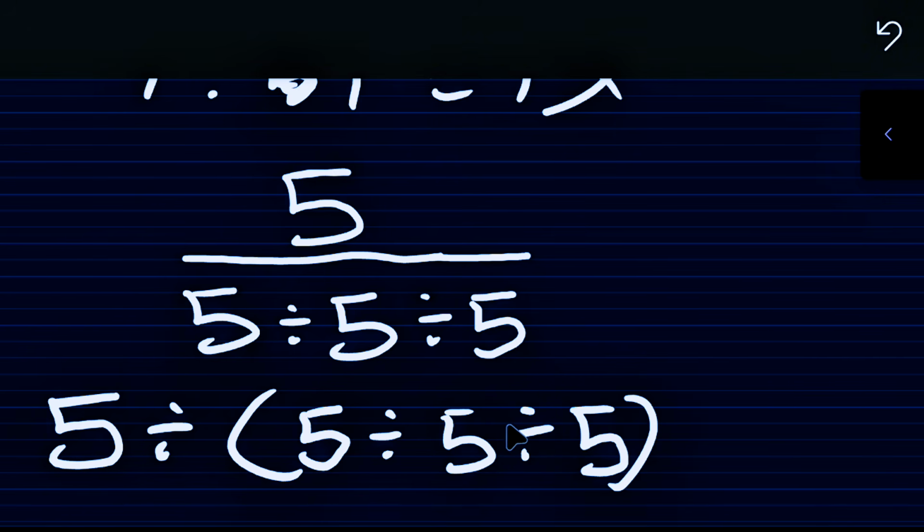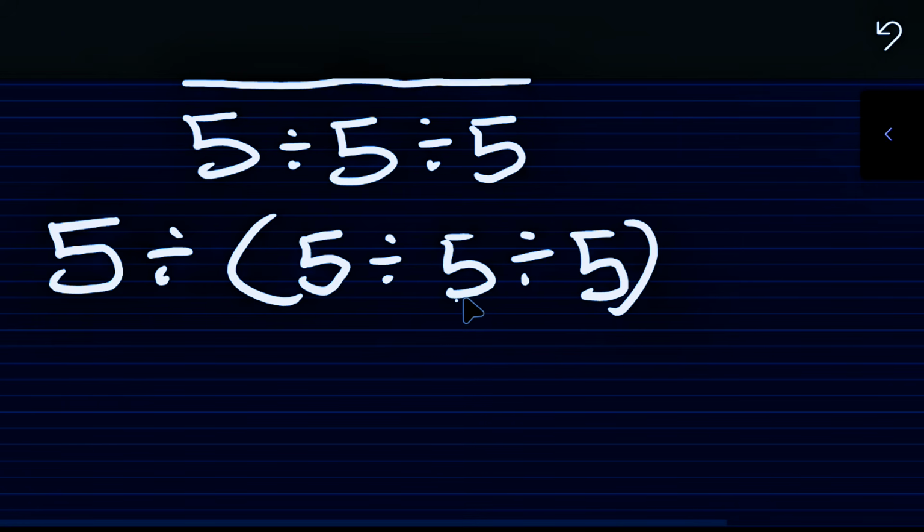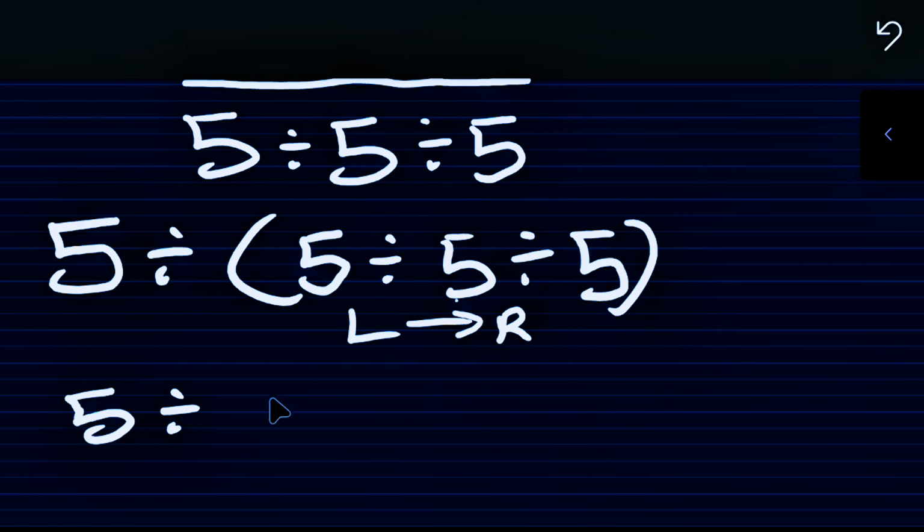Now, we need to understand that according to the order of operation, when you have more than one division in an expression, you have to solve from the left to the right, okay? So for that reason, inside this parentheses, this first 5 will be divided by this 5, and we are left with 1, okay?